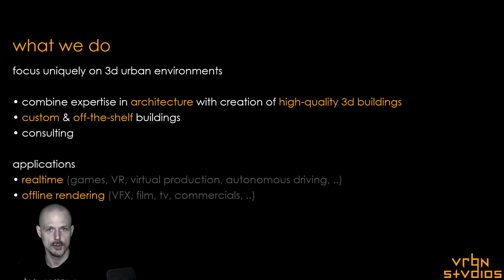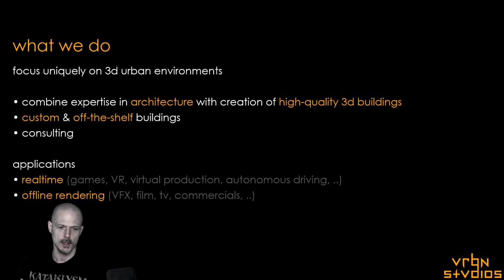Cool. So what do we do as a company? The thing is, we are doing something unique. We are uniquely focusing on 3D urban environments and 3D architecture. Therefore, there are three main points. We are combining the expertise in classic architecture, which is my background and the background of some of the staff, with the creation of high quality 3D buildings.